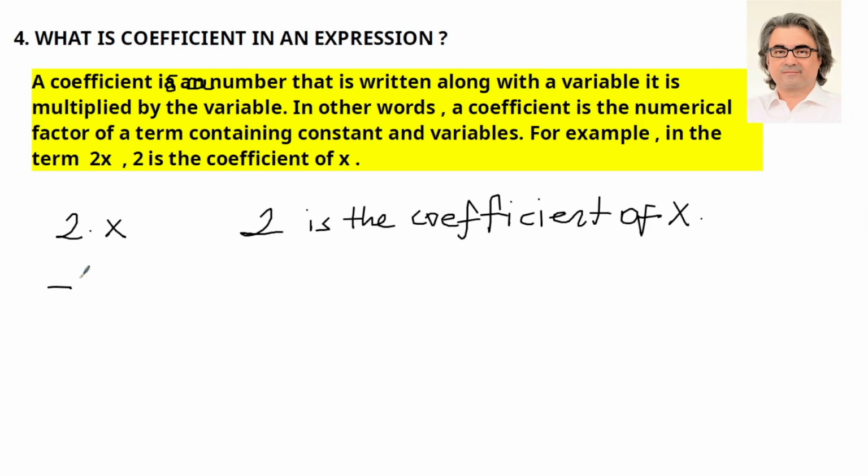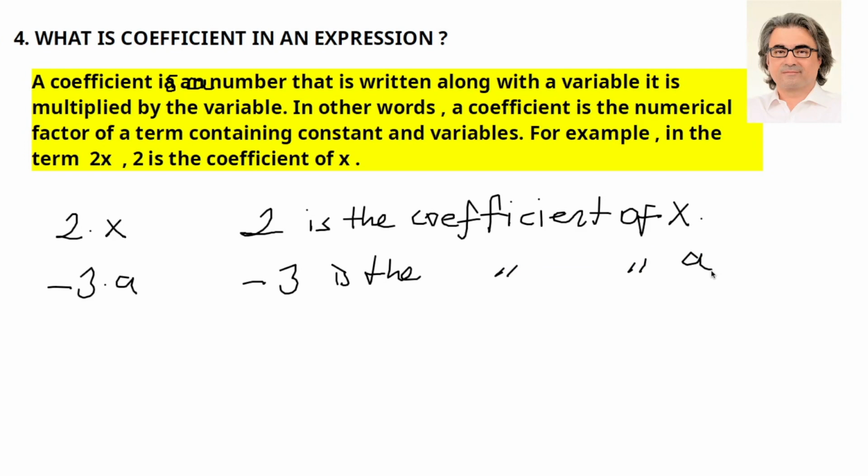Another one, minus 3 times a. Minus 3 times a is an example of an algebraic expression, and minus 3 is the coefficient of a.